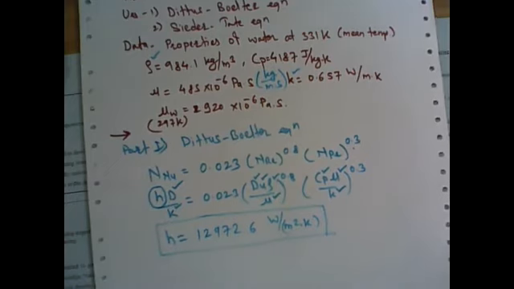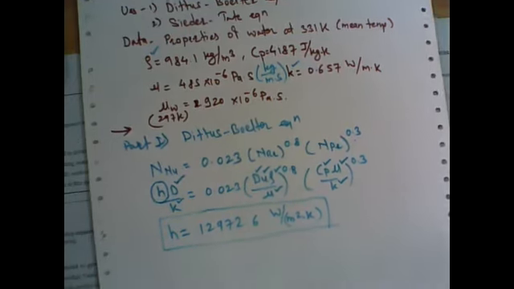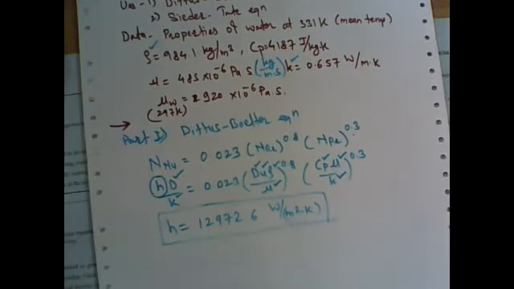Now the second part is the Sieder-Tate equation, right? With the help of this Sieder-Tate equation, we have to calculate this h value. Depending on the Reynolds number, we have to use this equation. So we must calculate the NRE, du rho by mu.